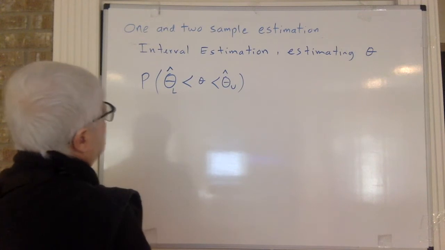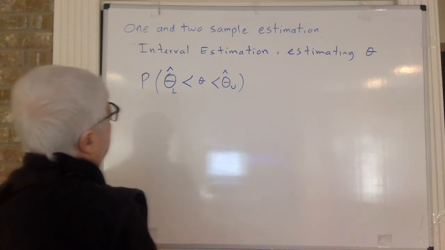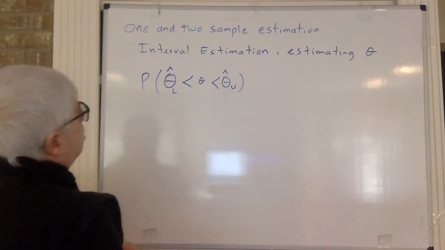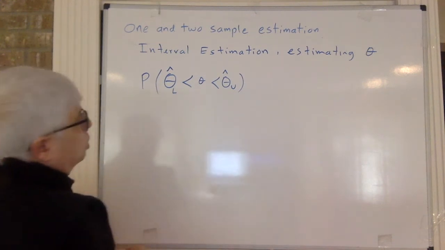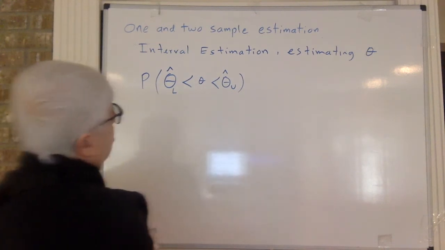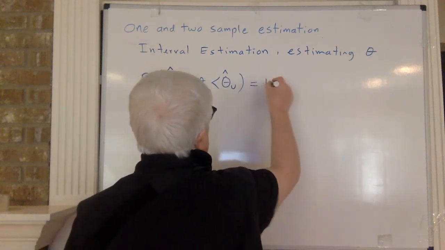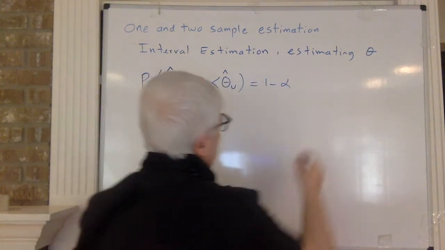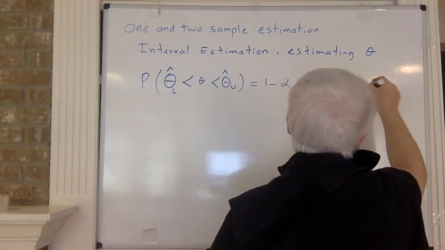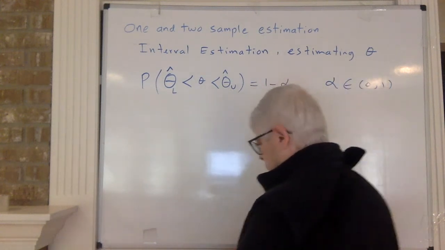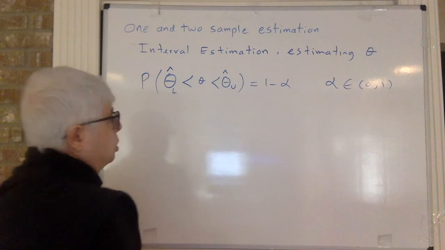So these are the two random variables which in fact give me the two endpoints of the confidence interval. So we want this to be 1 minus some alpha. And alpha is in fact a probability, so that's between 0 and 1.